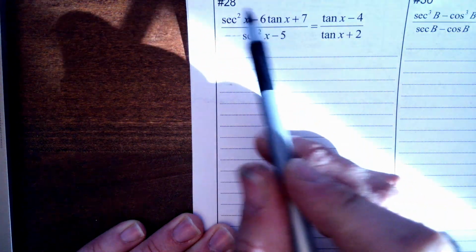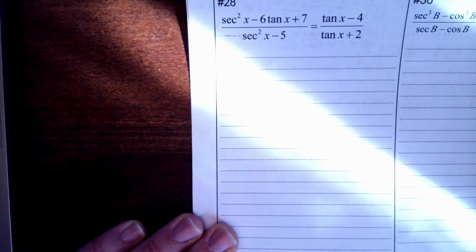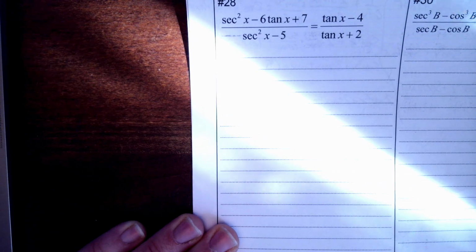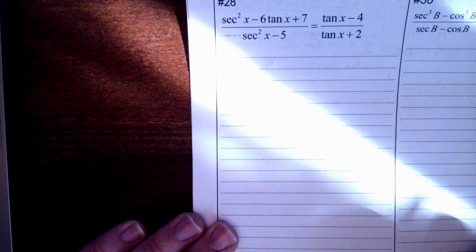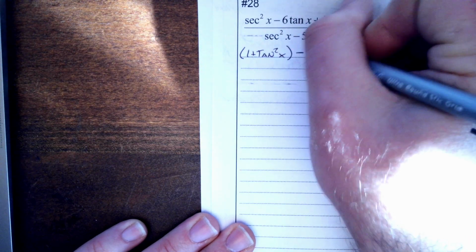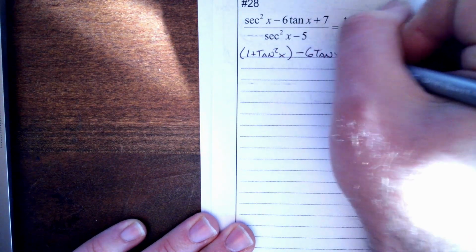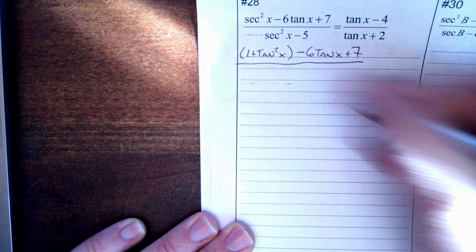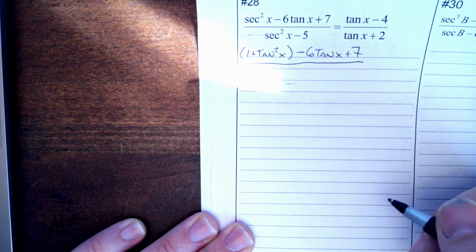So we need to take all these secant squareds and we'll turn them into 1 plus the tangent squared according to the rule. So instead of the secant squared of x, we have 1 plus the tangent squared of x minus 6 times the tangent of x plus 7 over, instead of the secant squared of x, minus 5.